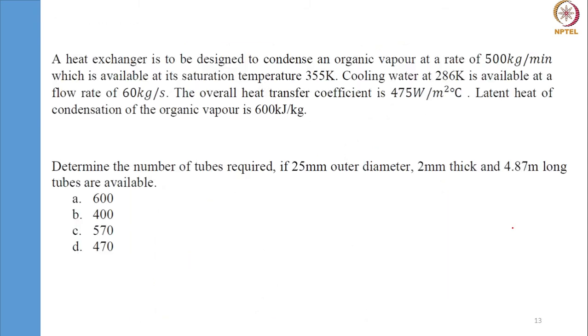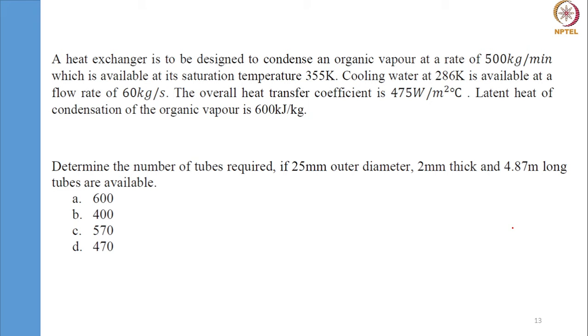Okay. We have one more condenser where an organic fluid is flowing at a rate of 500 kg per minute. It has a saturation temperature of 355 Kelvin. Cooling water at 286 Kelvin is available at a flow rate of 60 kg per second.